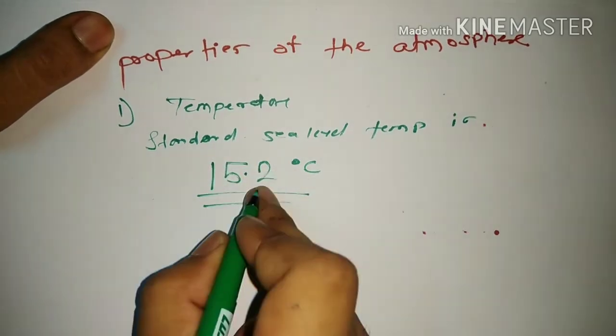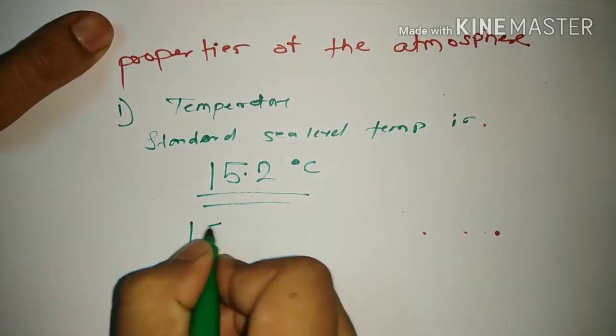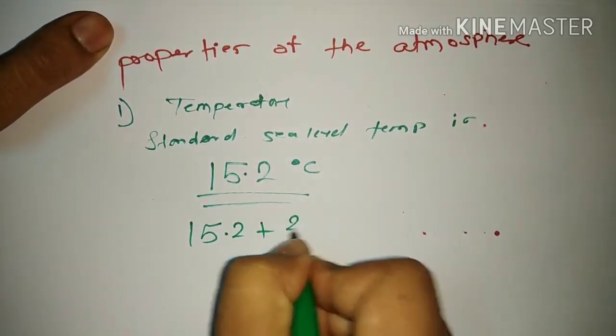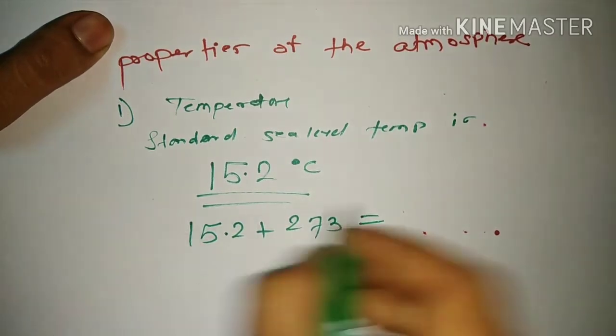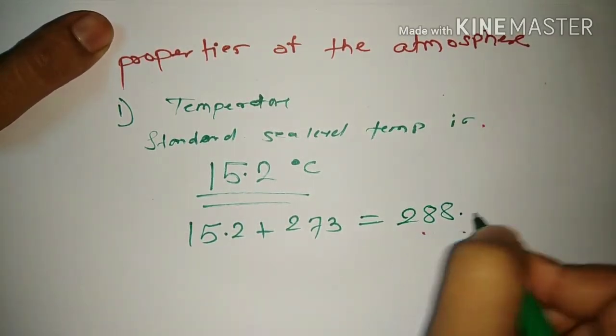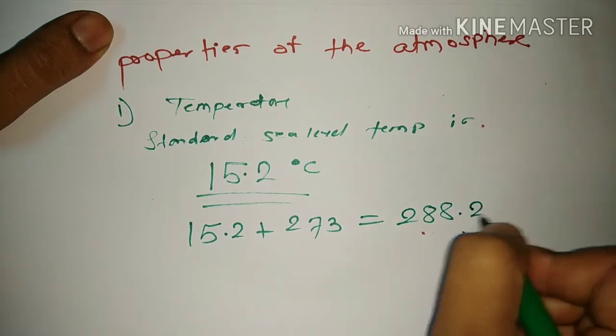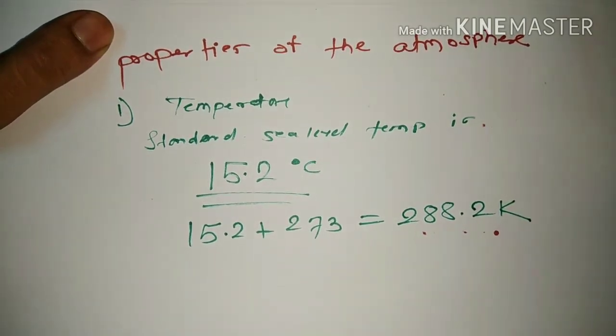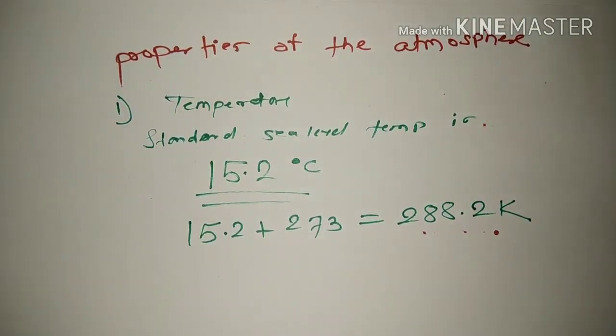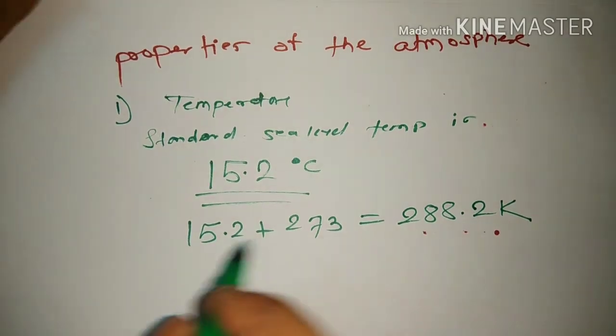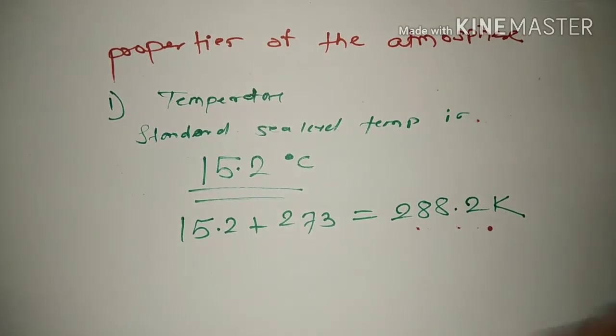To convert into Kelvin, 15.2 plus 273 is around 288.2 Kelvin. This will be the standard sea level temperature.